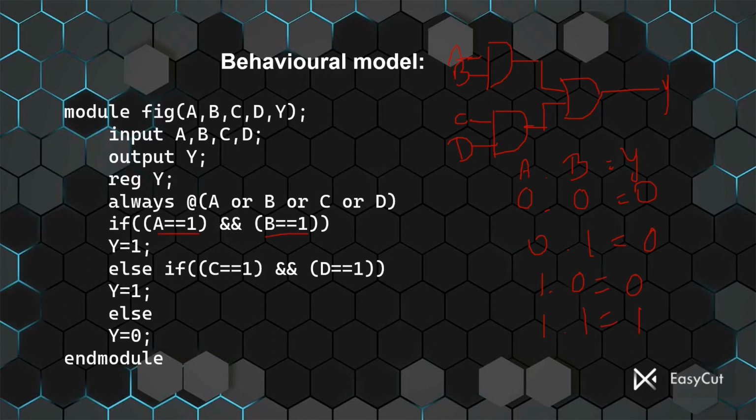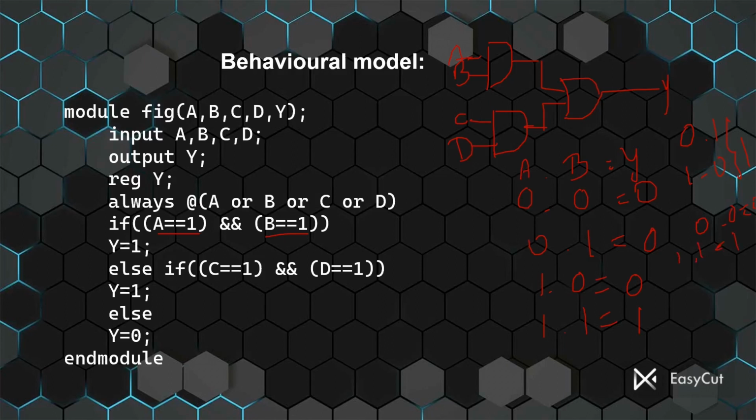Here it is an OR gate, right? So in an OR gate, if one of the inputs is 1, then the output will be 1, right? So if it is 0 1 or 1 0, the output will be 1. If it is 0 0, then the output will be 0. If it is 1 1, then the output will be 1, right?